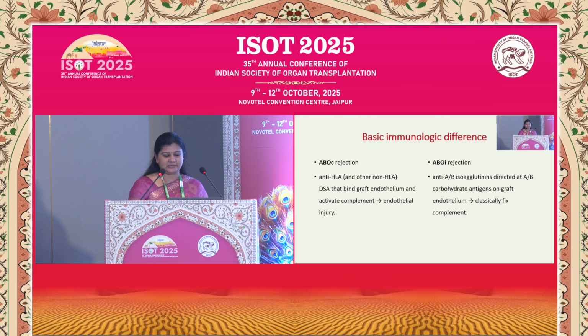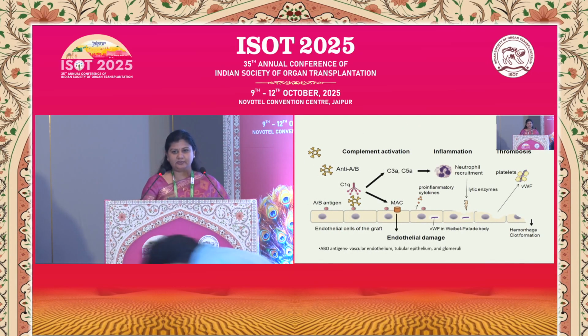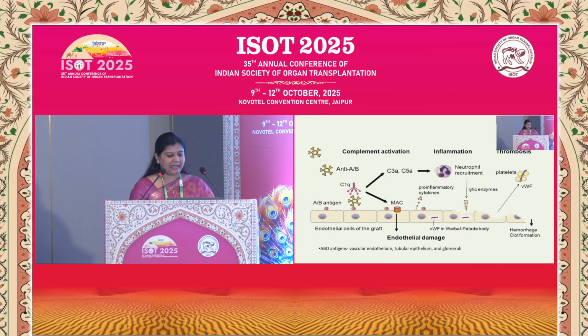So the basic difference between the ABO compatible and incompatible cases lies in the antibody specificity. In ABO compatible ones, the implicating bodies are majorly the anti-HLA antibodies, whereas in ABO incompatible we have the anti-A and anti-B antibodies. So this is the flow diagram showing the mechanism.